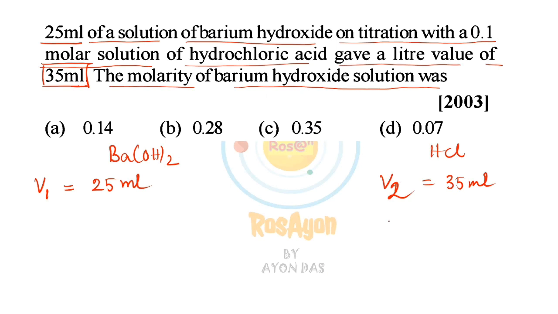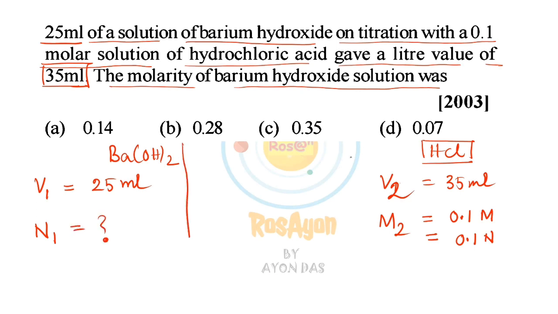Now the concentration of HCl that is given in molarity equals 0.1 molar. As HCl is a monobasic acid, its molarity and normality values are the same. So you can say the concentration of the HCl equals 0.1 normal. Now you have to determine the concentration of barium hydroxide in normality.